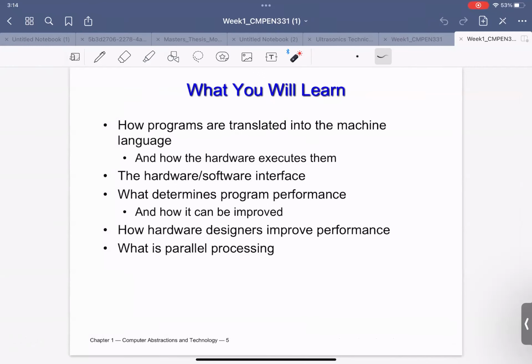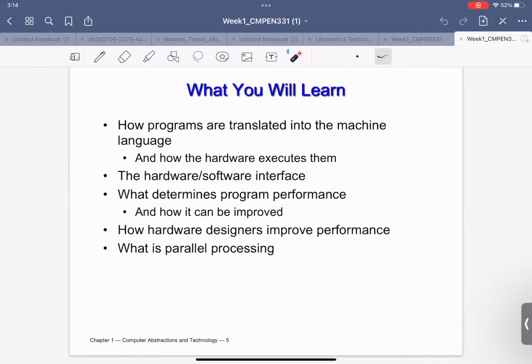So, the things that we will learn: we'll see how we can transfer a higher level language to machine language through the assembly. We'll understand in detail the assembly, how it works, the data path, how we can define performance, how we can make enhancements to our design, and also pipelining.